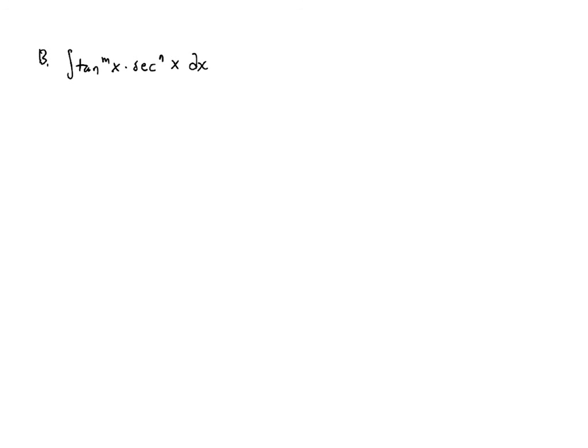You've got two possible substitutions that you're going to try. You'll have u equals tan x or u equals secant x, which will work sometimes depending on what the powers on tangent and secant look like.